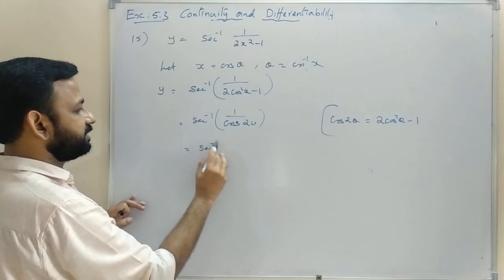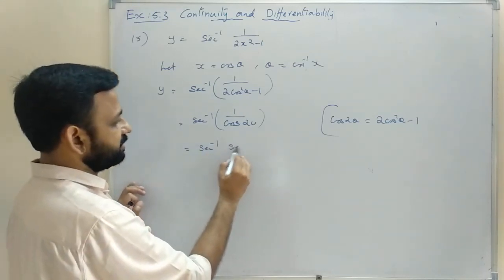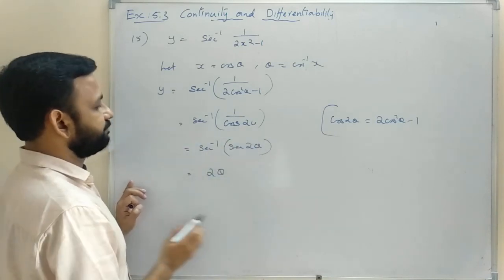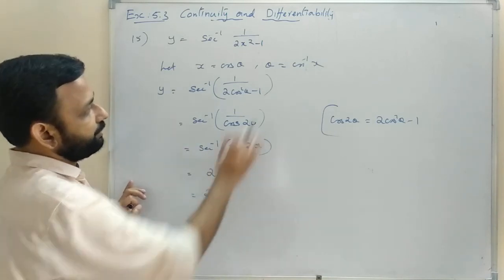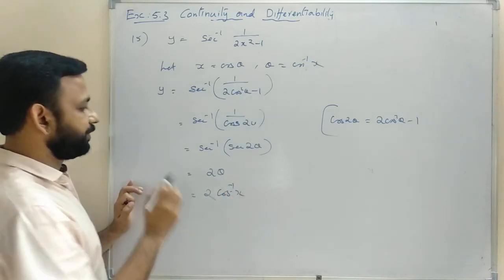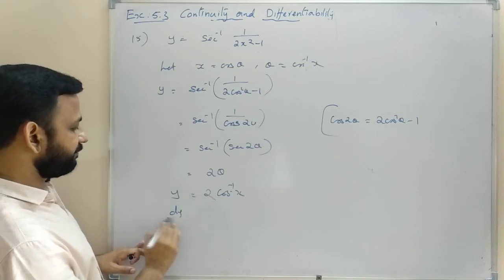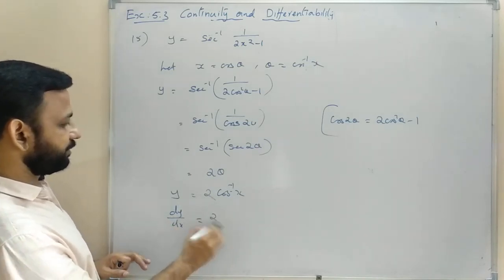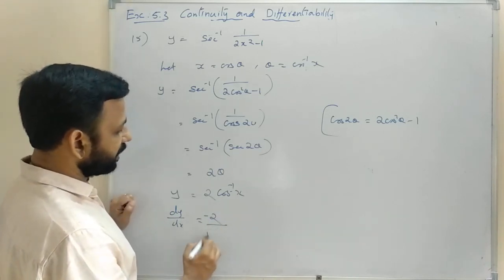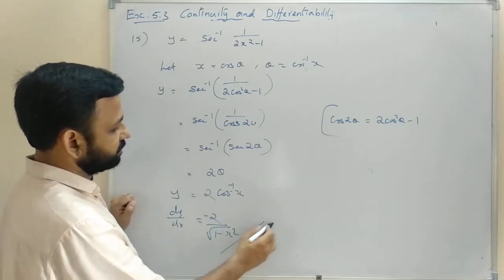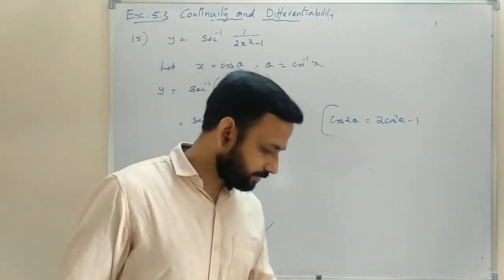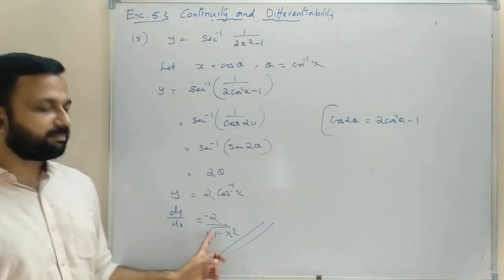That is sec inverse 1 by cos 2 theta, that is sec inverse sec 2 theta, which is 2 theta, that is 2 into cos inverse x. So y is equal to 2 into cos inverse x. Now we can find dy by dx. Dy by dx is equal to 2 into the derivative of cos inverse x, that is minus 1 upon under root 1 minus x square. So we got the answer minus 2 upon under root 1 minus x square.